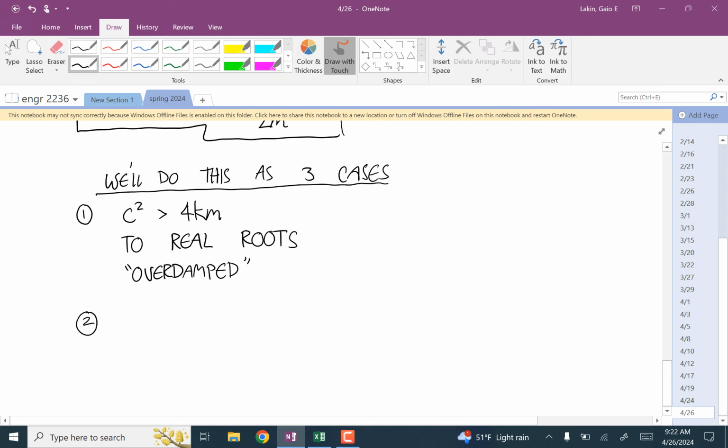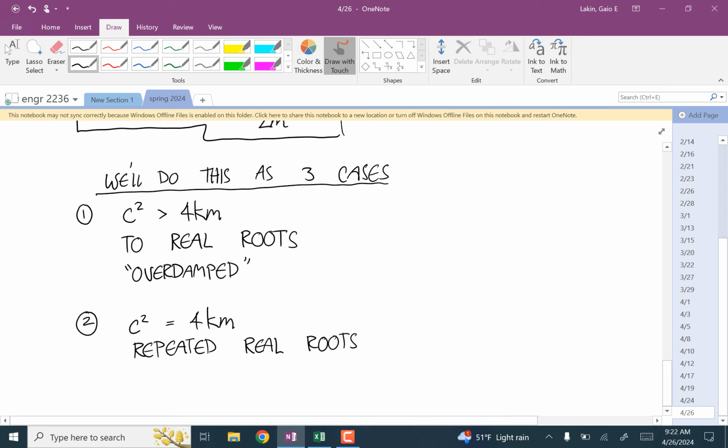The second case we're going to treat is when c squared is equal to 4km. This is repeated real roots. And this clearly is some kind of border between two worlds of damping.